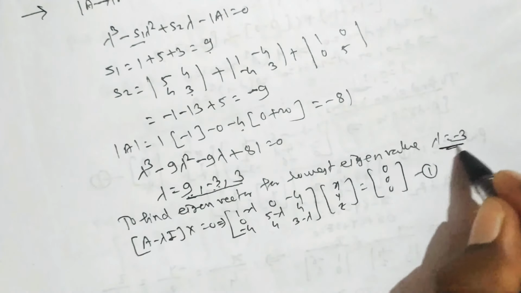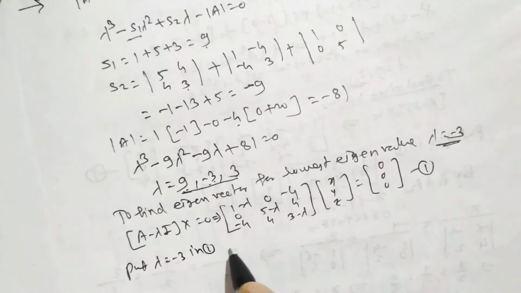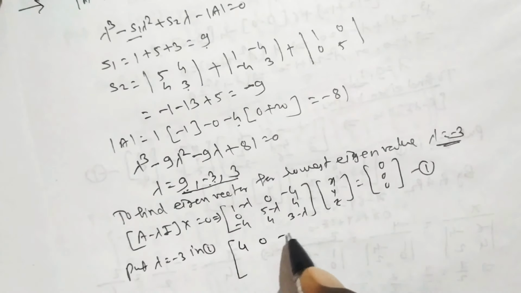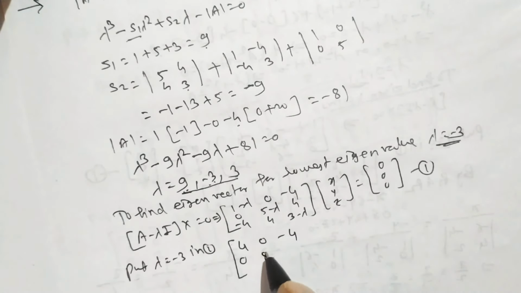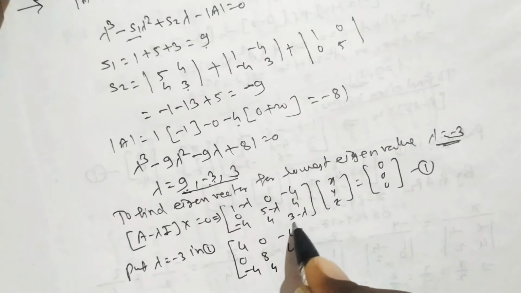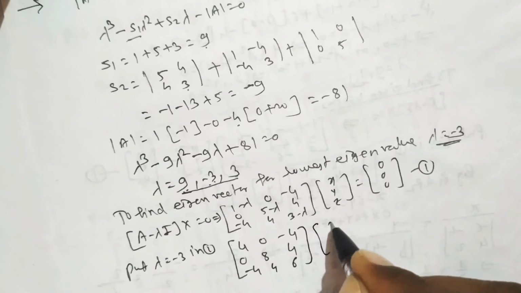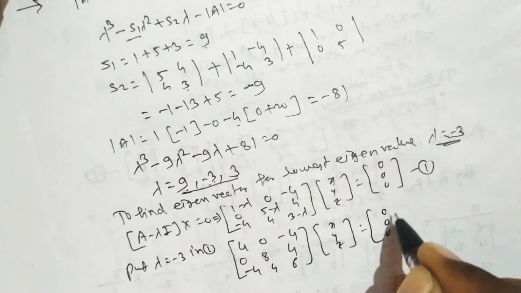We have to find the eigenvector for lambda equal to minus 3, so put lambda equal to minus 3 in equation 1. Then equation 1 becomes: 1 plus 3 is 4, 0, minus 4; 0, 5 plus 3 is 8, 4; minus 4, 4, 3 plus 3 is 6; into x y z equal to 0 0 0.